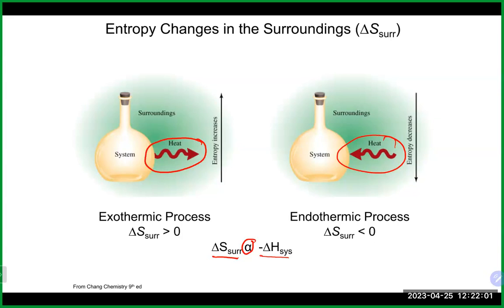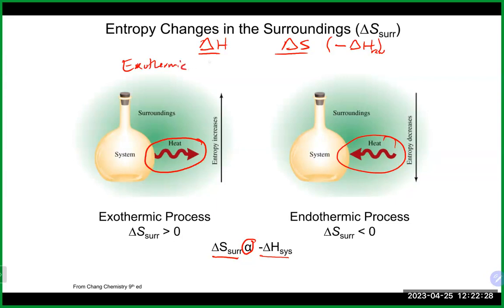So let's talk about what that really means. If we have a delta H, we have a delta S. The delta S will be negative of the delta H. So what that means is if we have an exothermic reaction, there we go.